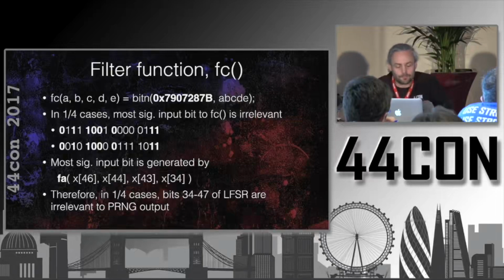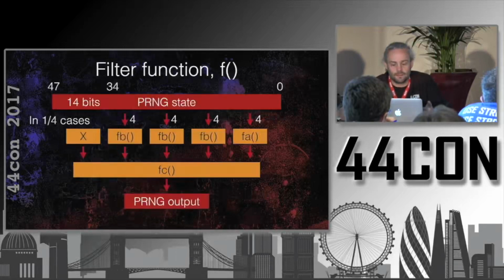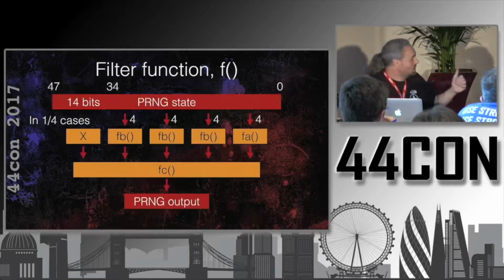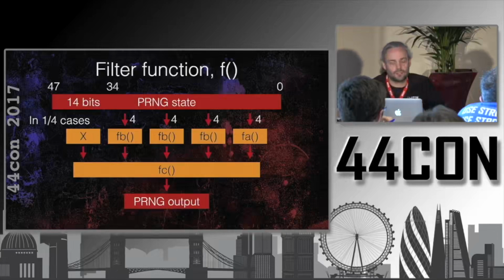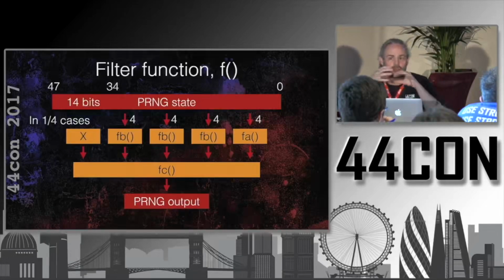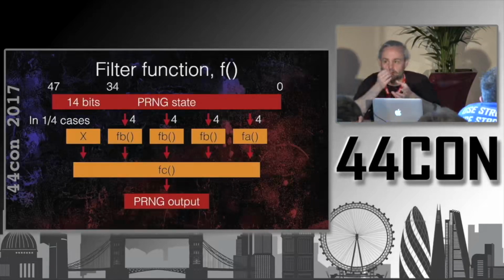And that happens in a quarter of the cases, which is enough of a bias that you can do something with it. So it actually looks like this in a quarter of the cases. That left-hand block doesn't actually matter. Now, what this is reducing is, instead of having a 48-bit brute force problem, we've now got a 34-bit brute force problem.